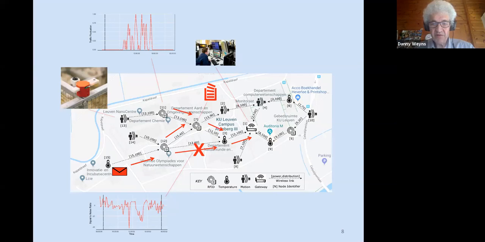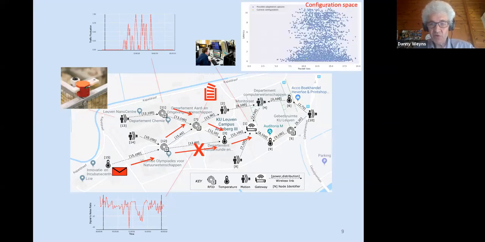So the question now for the engineer, the operator, let's say, is how to configure the network, in particular the power setting and the routes that messages take in the network, such that the system is of high quality, meaning that the messages are not getting lost or not too many, and the data is transmitted on time, meaning that data is not staying too long in queues, and that the energy of the nodes is used carefully.